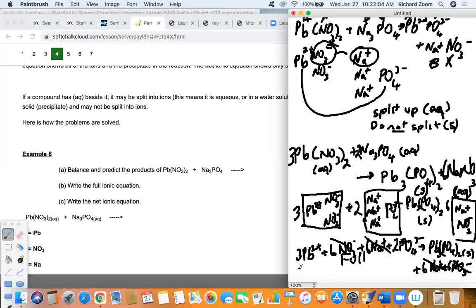And all I would be left with is this equation, which is the net: 3Pb2+ plus 2 PO4 3- gives Pb3(PO4)2. And that's a solid. And that's the net.